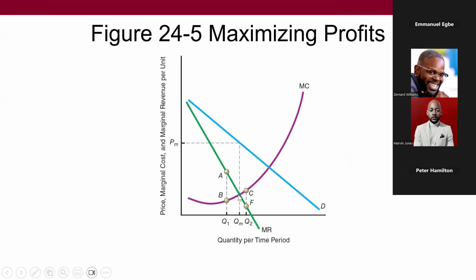Sorry, if the monopolist sells at a point where marginal cost is below marginal revenue, they're not maximizing their profit. They are making a profit, but they are not maximizing their profit. They have to keep going.